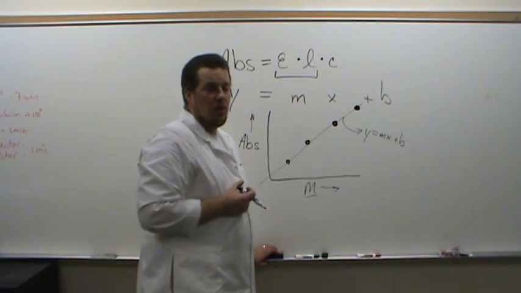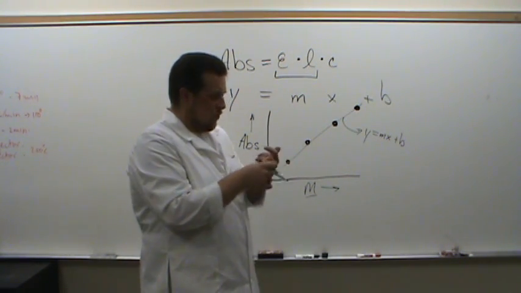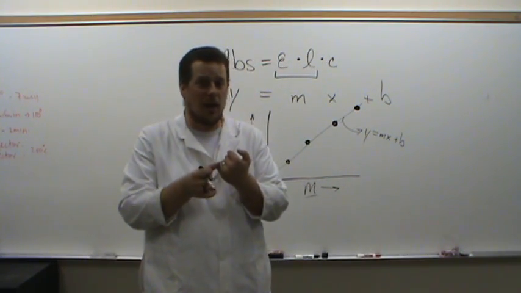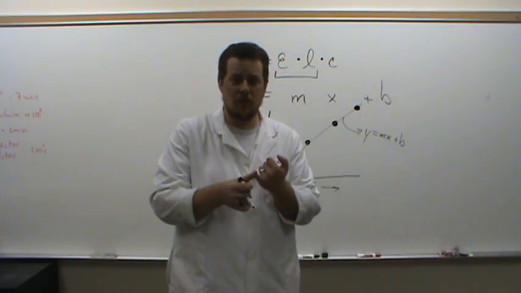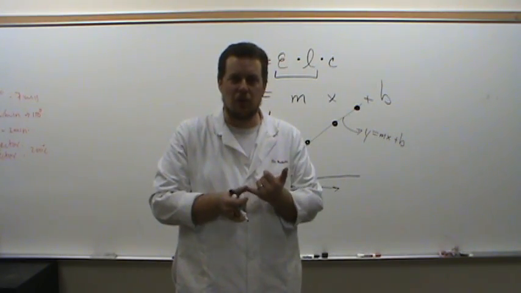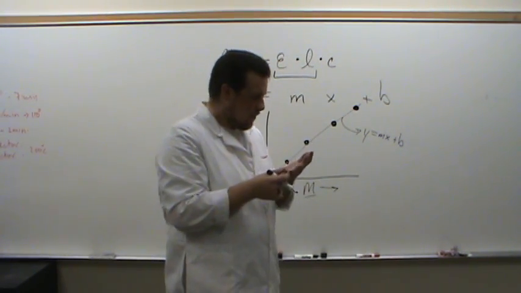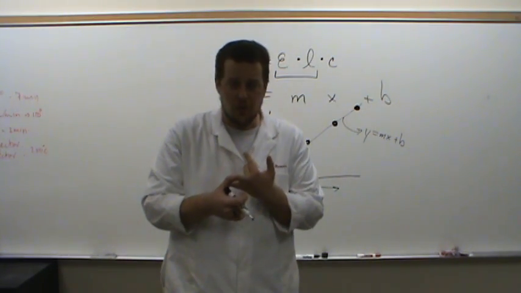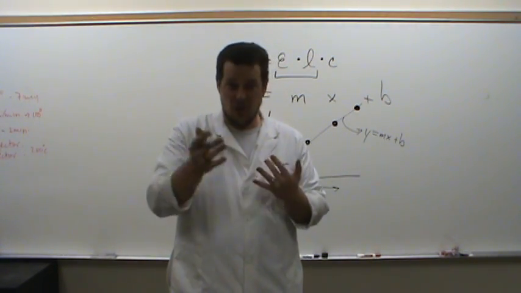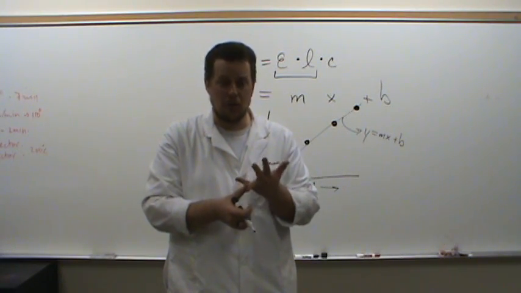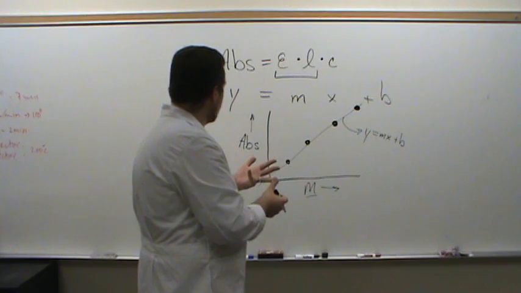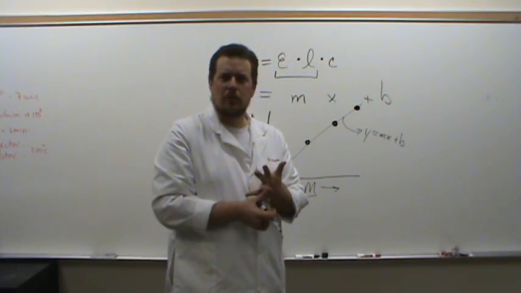So in order to do all this, we've got to do a couple things. First of all, we're going to need to use volumetric glassware to prepare our samples. That's one of the other videos that you're watching this week. We need to use the spectrometers. Well, you just used those for an experiment. There's another video if you want to brush up on how to use the spectrometers. And that's really about it.